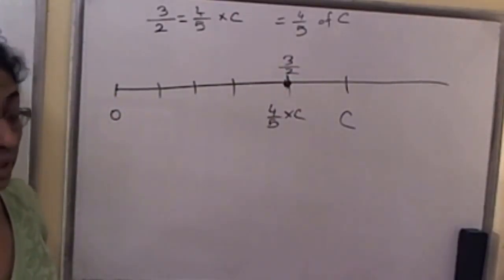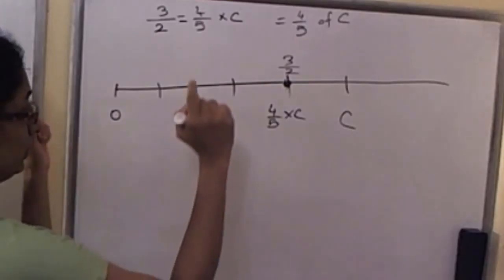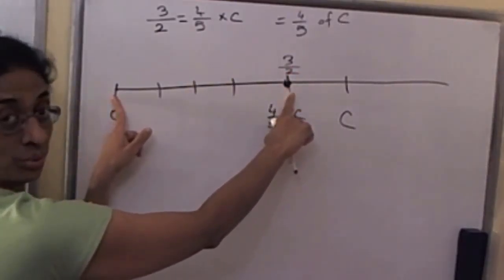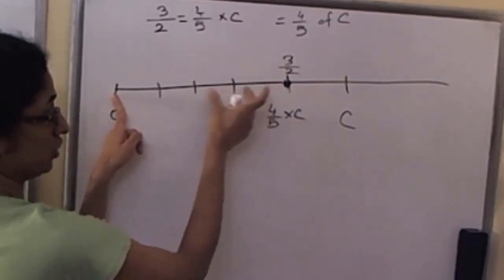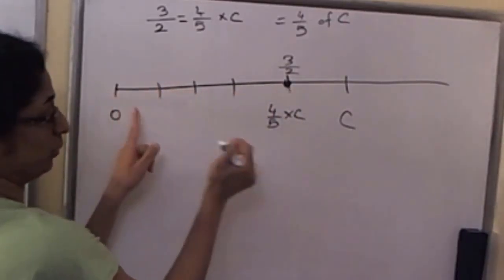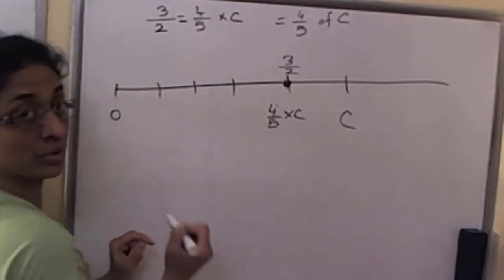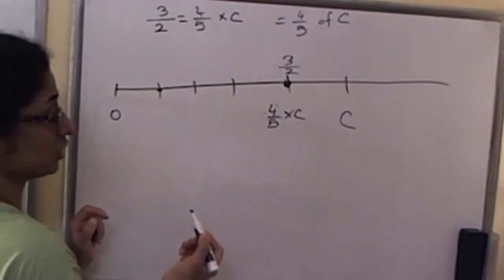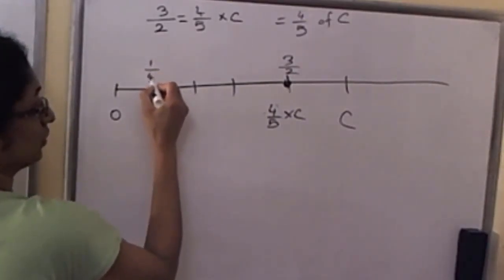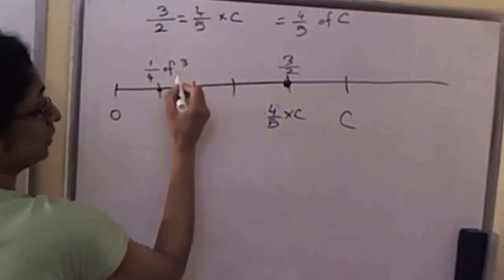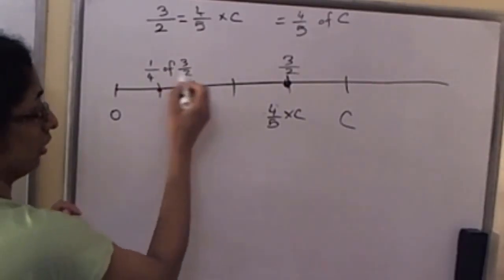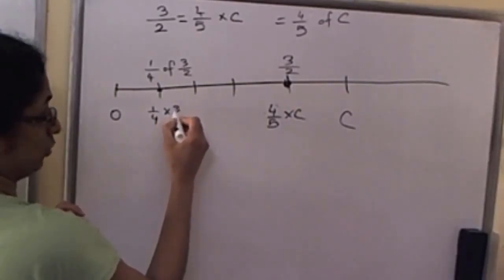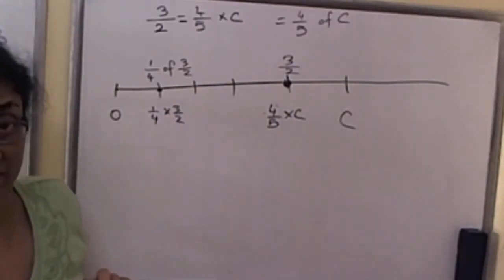So that's what we do. Now look at what we do. We look at this interval 0 to 3 over 2, and we notice it's been partitioned into 4 equal parts. That means this point, this number, must be 1/4 of 3 over 2, or if you want to write it as 1/4 times 3 over 2, that's also completely correct.